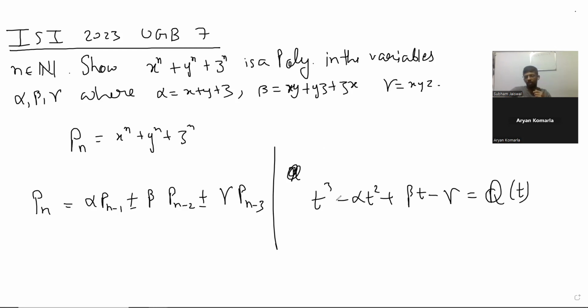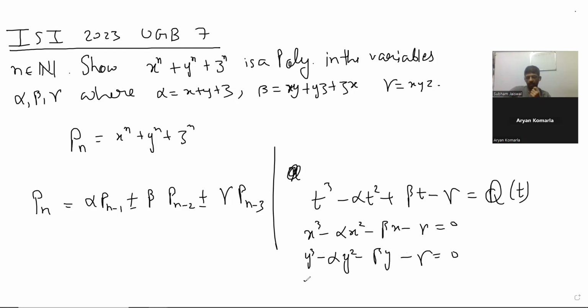Here you put t equal to x, y, z and add them. Then you can write x cube plus y cube plus z cube in terms of the lower things, in terms of the squares. If you put t equal to x, then you get 0. Similarly, you put y, and then z, and add them.